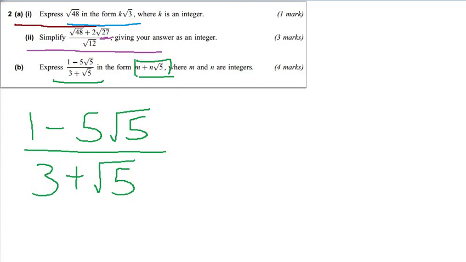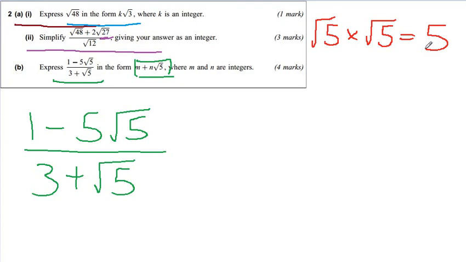Now let's take a minute here. If we have a root 5 here, how do we get that as a real number, a number that's not a surd? Well, if we times it by root 5, then we'll get root 25, which is 5. So that's how we get rid of a surd on the bottom of a fraction as the denominator.